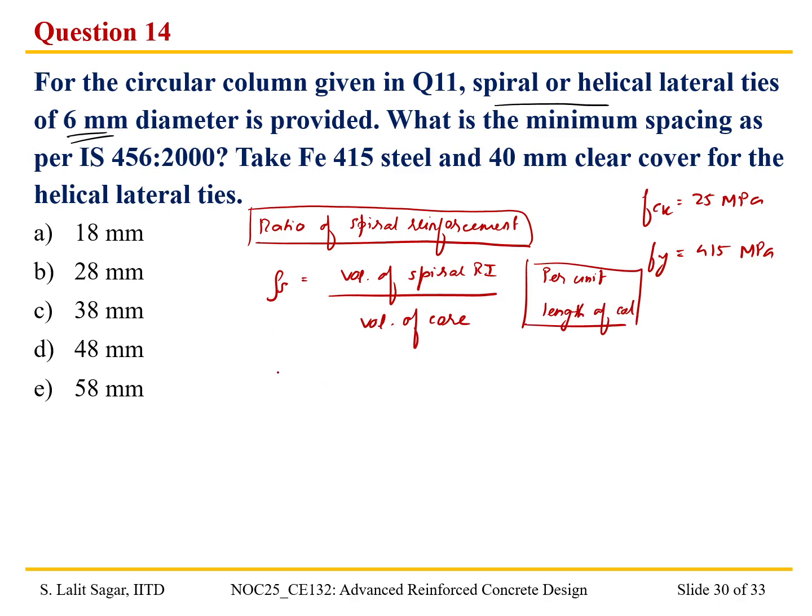Let us find out the volume of core now. Volume of core, that is pi by 4 of 320 square, because we are subtracting 40 mm and 40 mm of the clear cover.